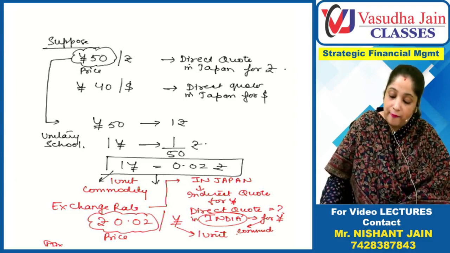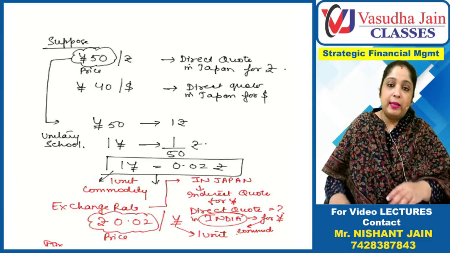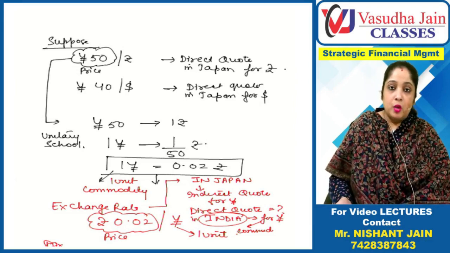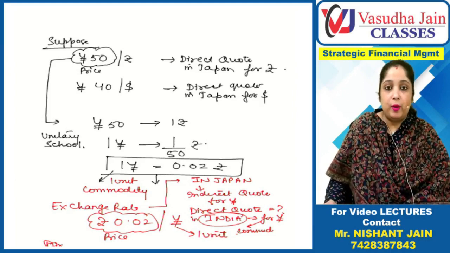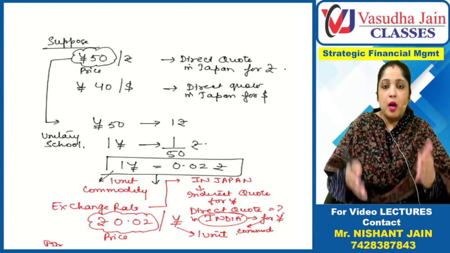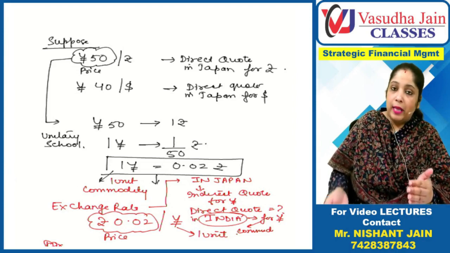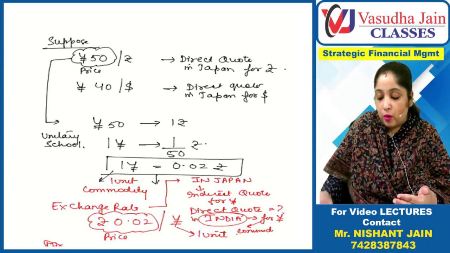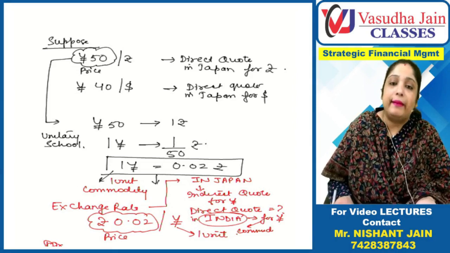Now in this case, for Japan this becomes an indirect quote. Obviously there are two countries involved, one is Japan, one is India. So for one country this is going to be a direct quote, for the other country it is going to be an indirect quote. So if the currency is playing the role of price for that country, it is a direct quote, and if the currency is playing the role of commodity for that country, this quotation is indirect.